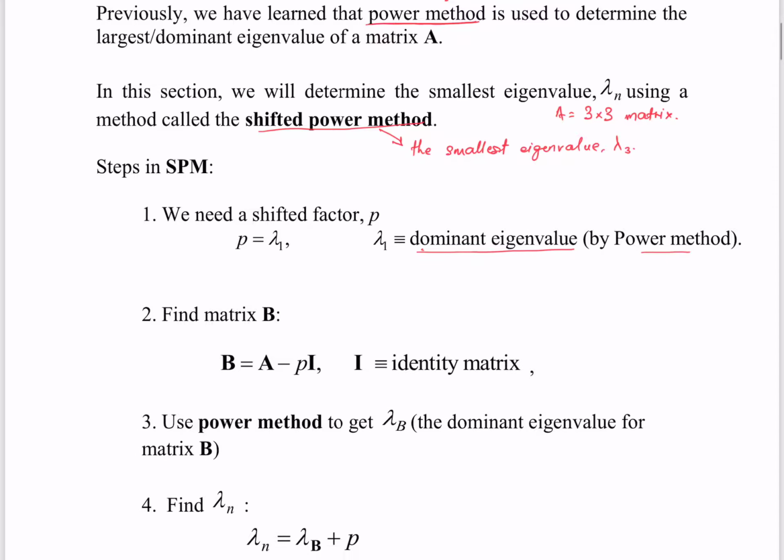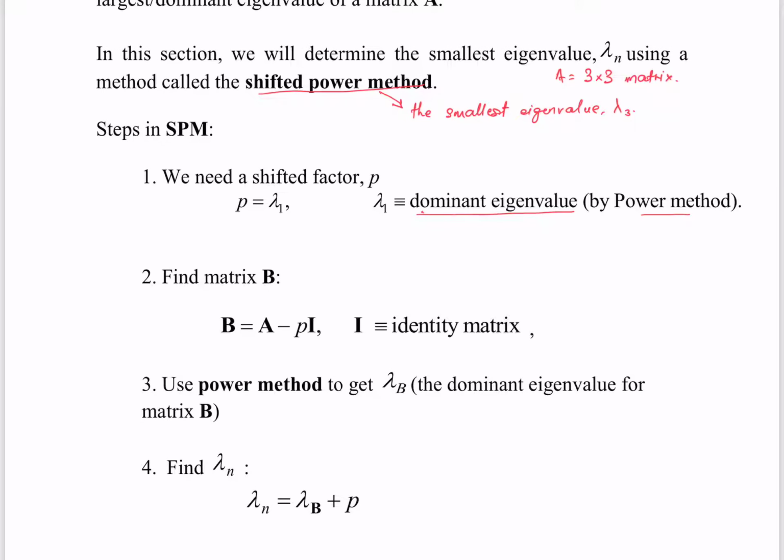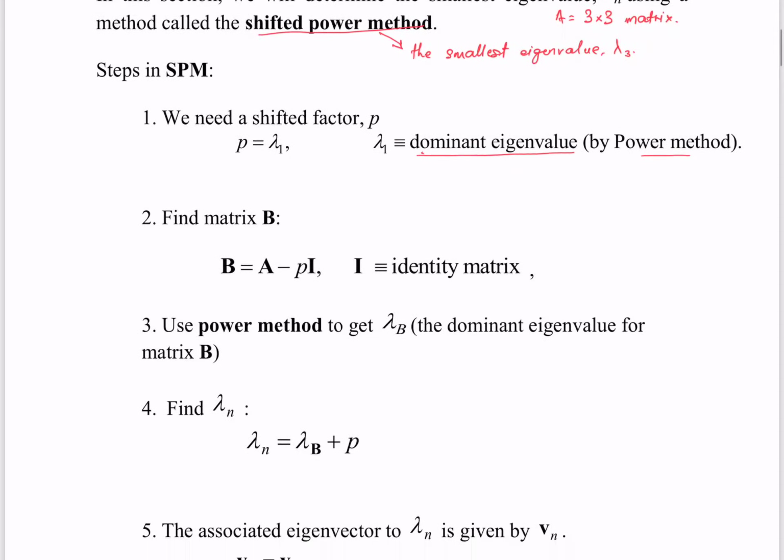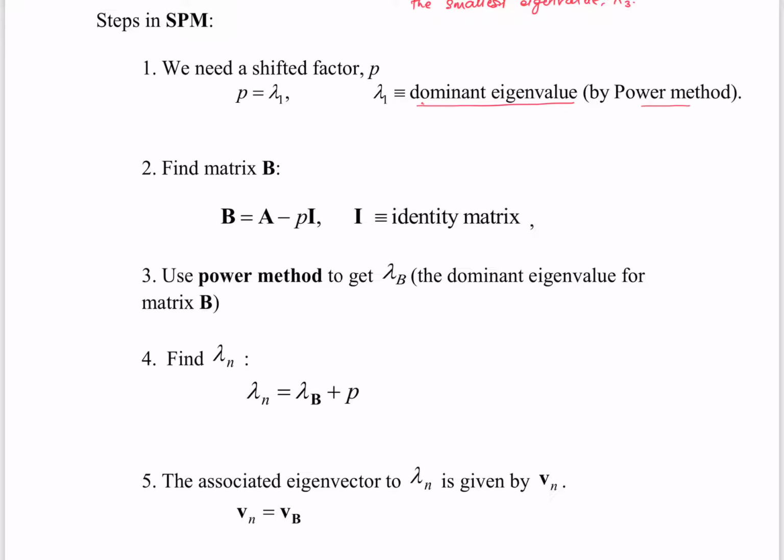Using it, we can find a new matrix B with this formula: B is equal to matrix A minus P multiplied by the identity matrix.